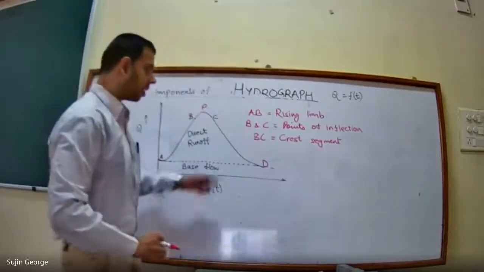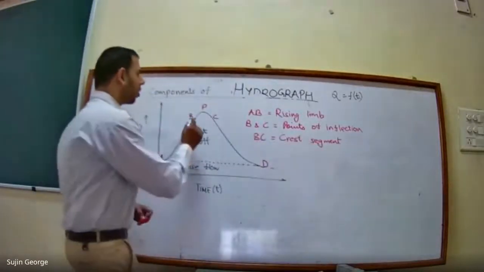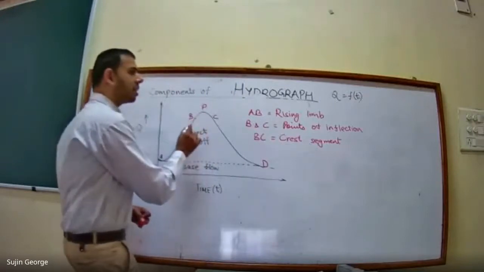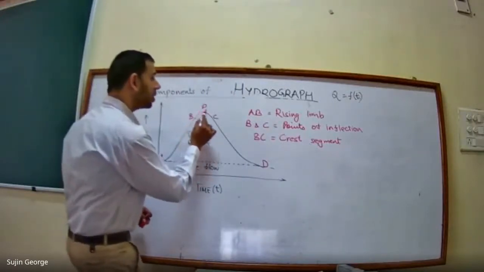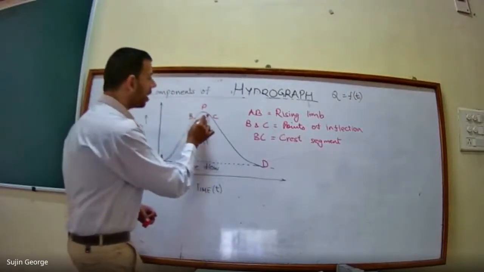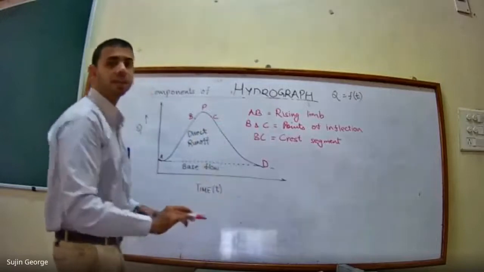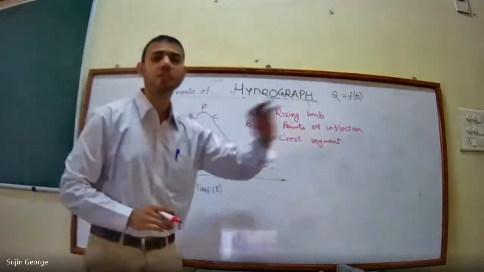It is called this because after point B, the nature of the curve changes, the slope of the curve changes. And after point C, the slope of the curve changes. Hence, points B and C are known as the points of inflection.